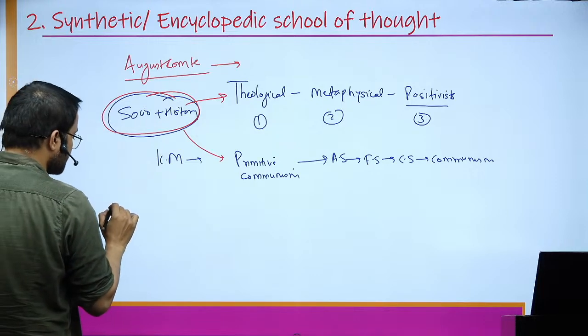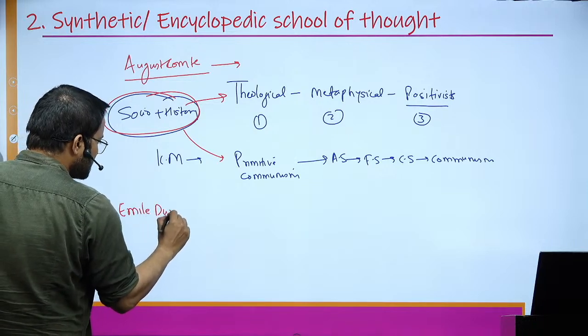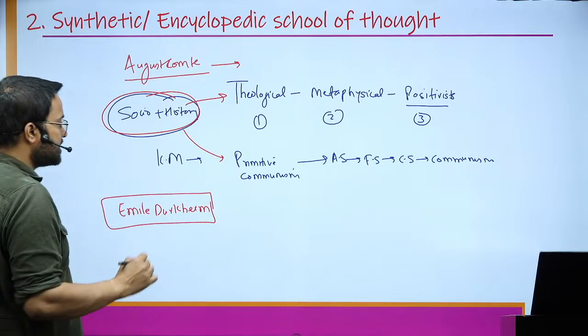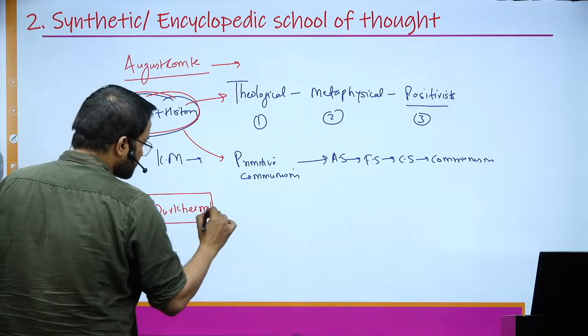Similarly, Emile Durkheim, I'm just introducing you to all these things. I'll be talking about all of them in a lot of detail, especially Karl Marx and Emile Durkheim, in Unit 4.